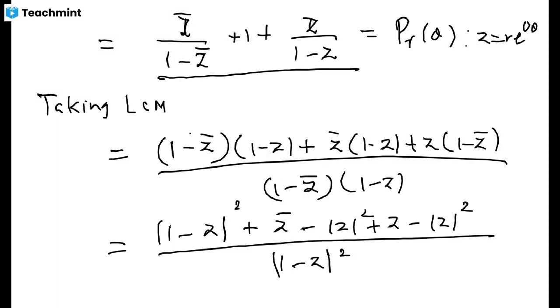Here you have z equals r e to the I theta, and it is better to multiply these numbers 1 minus z into 1 minus z conjugate.